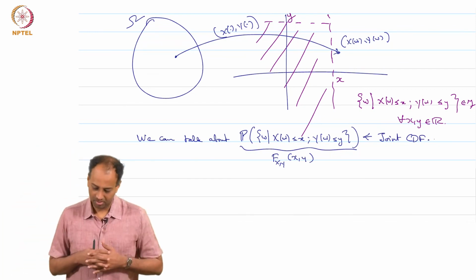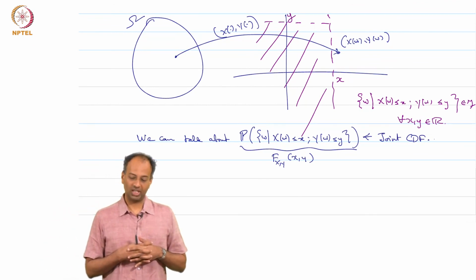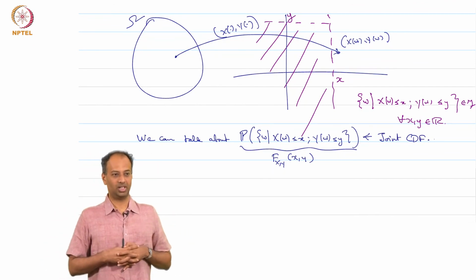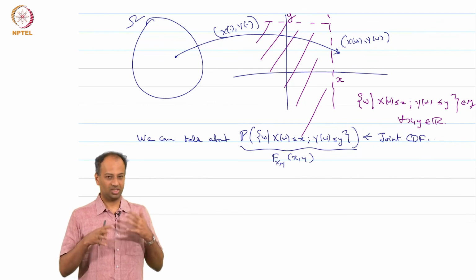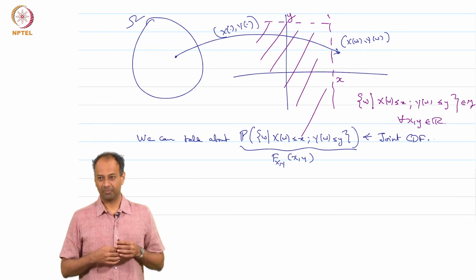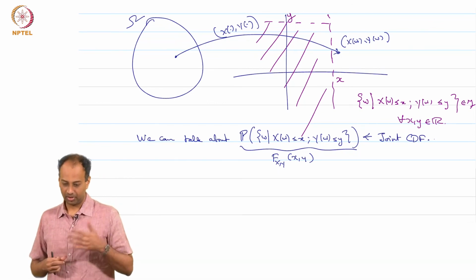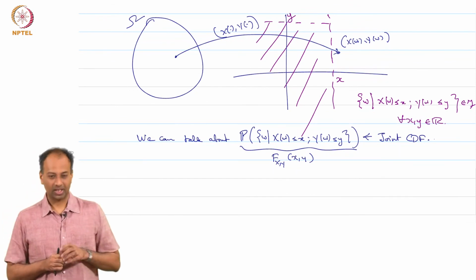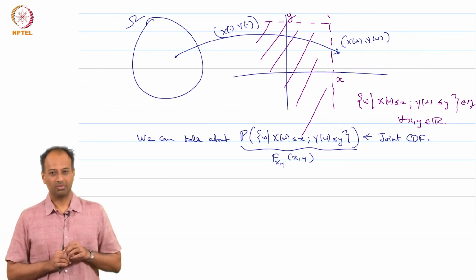Again, if you are given the joint CDF of x and y, you know everything about their joint statistical properties. In fact, given the joint CDF, you can calculate the marginal CDF.